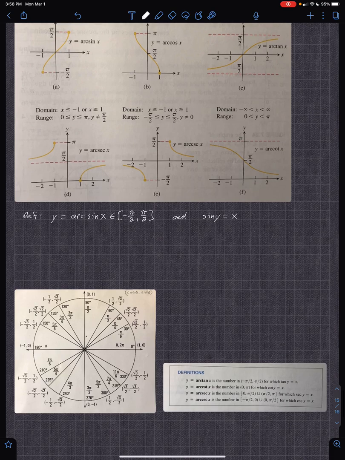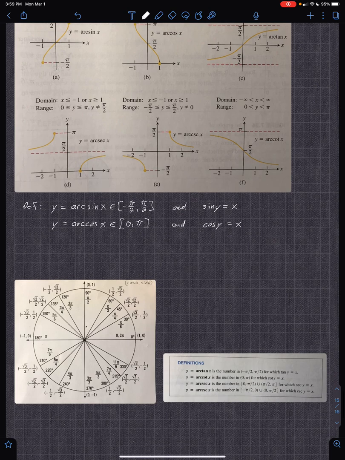Okay, and then we have arc cosine. So we have y equal to arc cosine of x, and that is from 0 to pi as the range. And this is the actual definition: cosine y is equal to x.